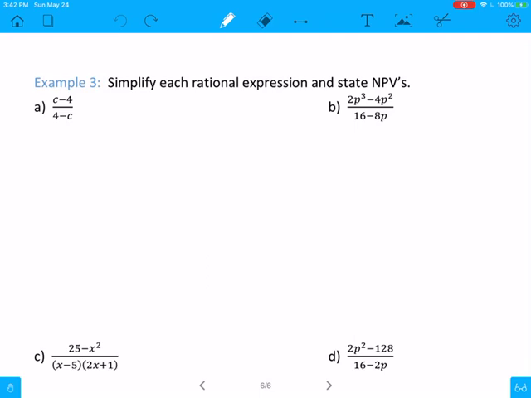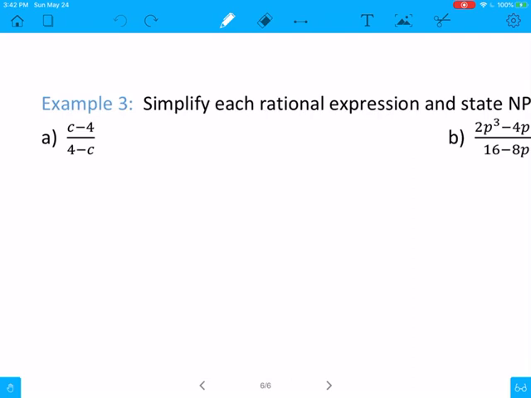All right? Okay, so we have c minus 4, and we have 4 minus c. I can't take anything out of either of them. They're attached in brackets because they're attached by minus signs. They do not match because the top is positive c minus 4 and the bottom is positive 4 minus c.